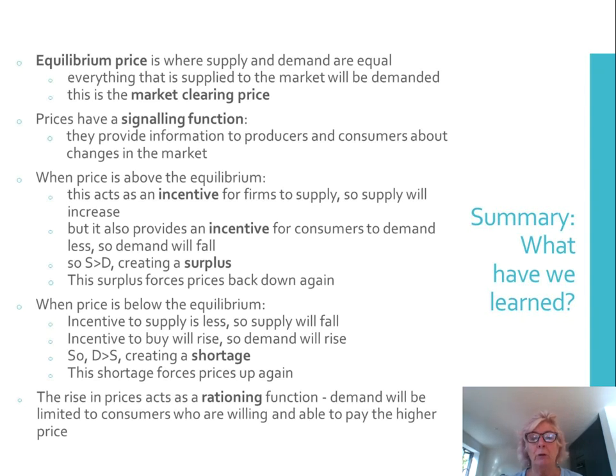The incentive to buy will rise, and so demand will rise. In this case, demand is greater than supply, and that creates a shortage, and this shortage forces prices up again. The rise in price acts as a rationing function. Demand will be limited to consumers who are willing and able to pay the higher price.